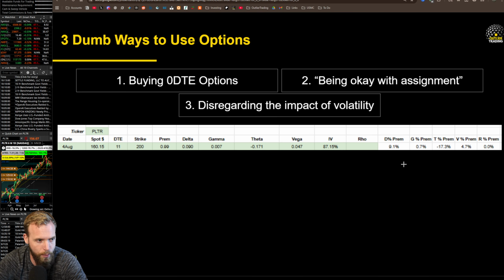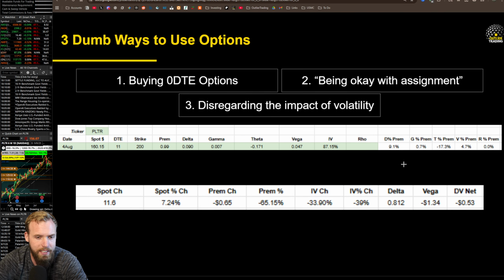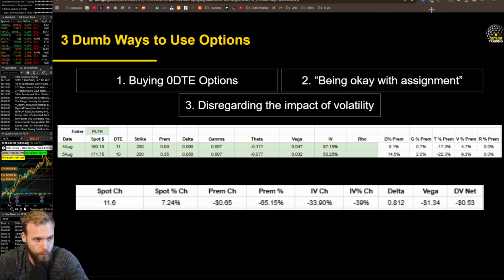So let's take a look at what happens 24 hours later. Well, if we have a scenario where the stock did what we want, in this case, it jumped from 160 to 171, about an 11.5 point change. So it's a 7% change in price overnight. One day has passed, so we haven't lost an exceeding amount of theta, but we definitely will have lost about 17 cents or so.